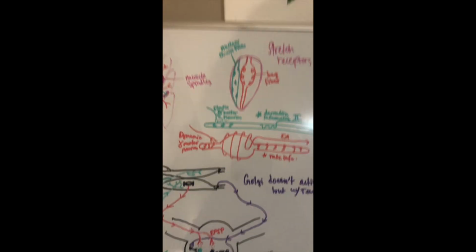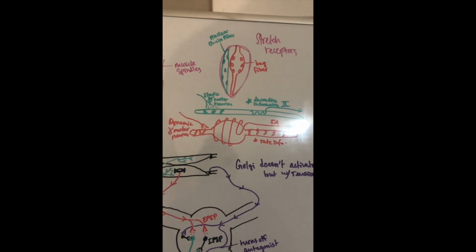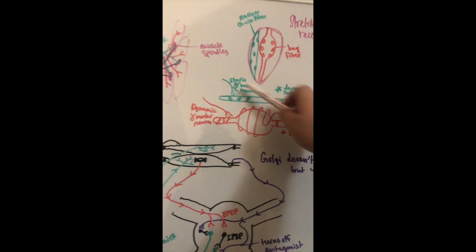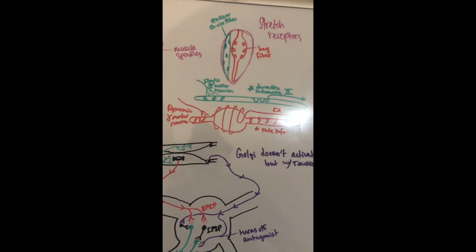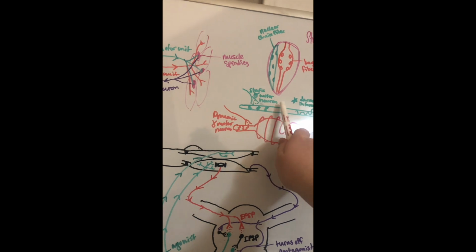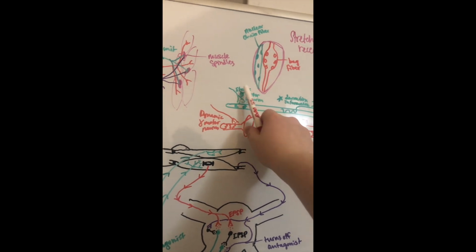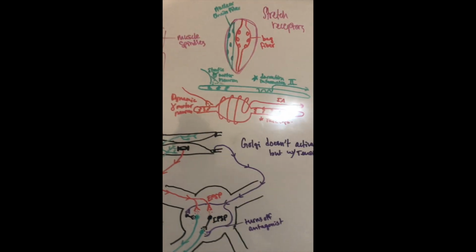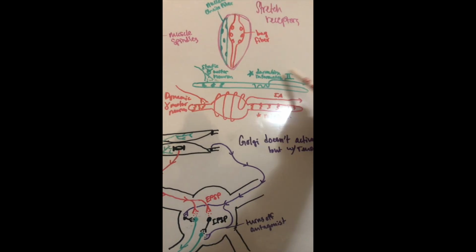So we're going to jump over here and talk about our stretch receptors a little bit. And we've got a nuclear chain fiber, which is the green. And then we've got the bag fiber, which is in red. Obviously, the bag fiber is bag-like. So with our nuclear chain fiber, we have a static gamma motor neuron that brings information in. And then that information is then set off.